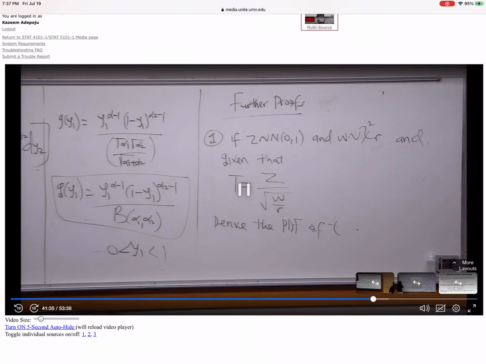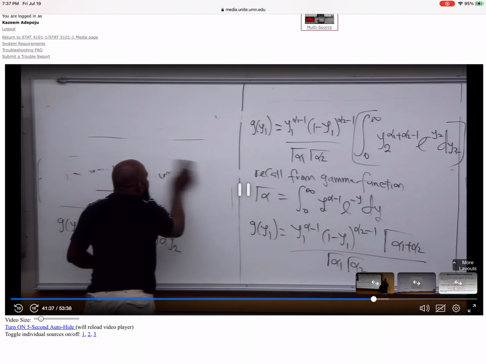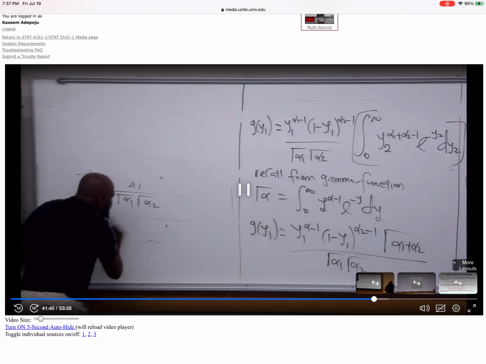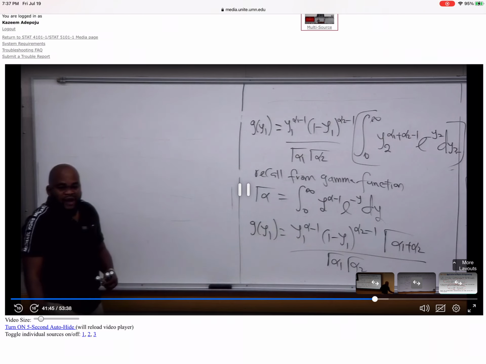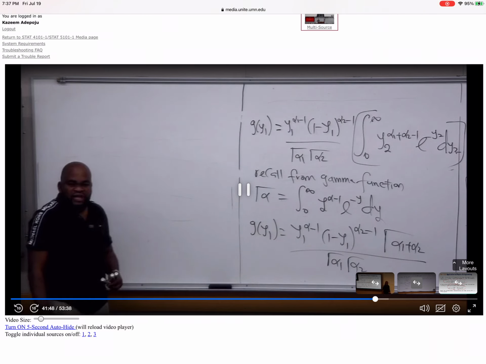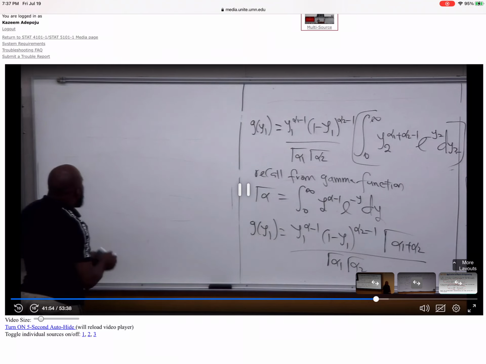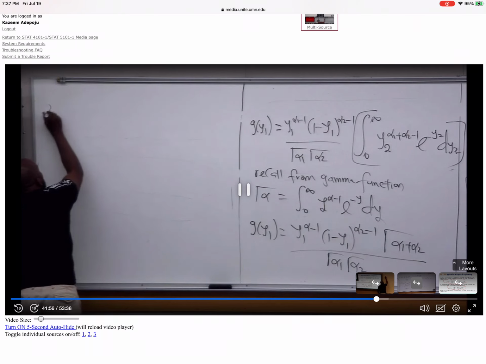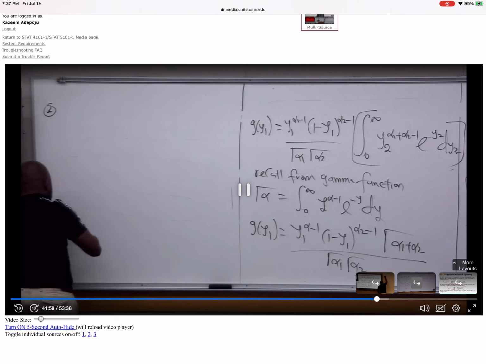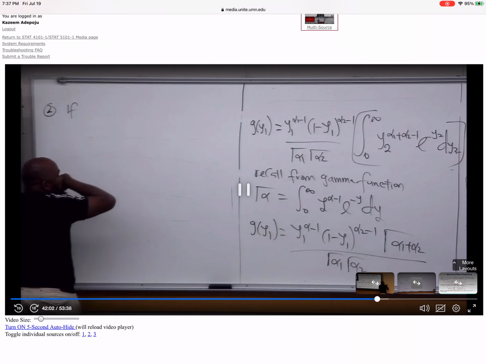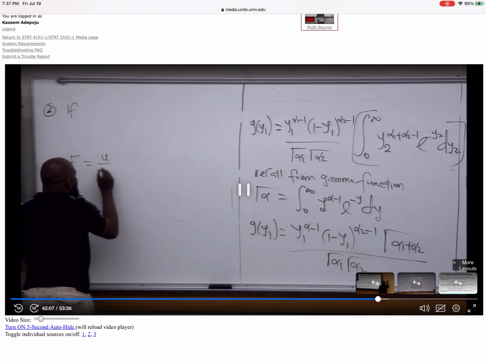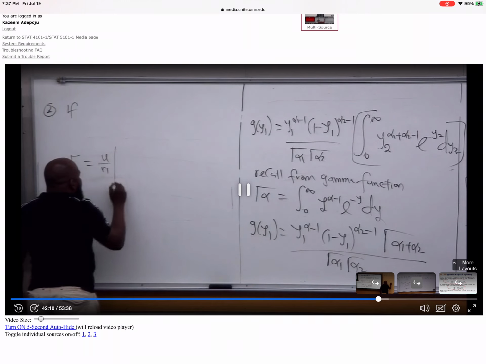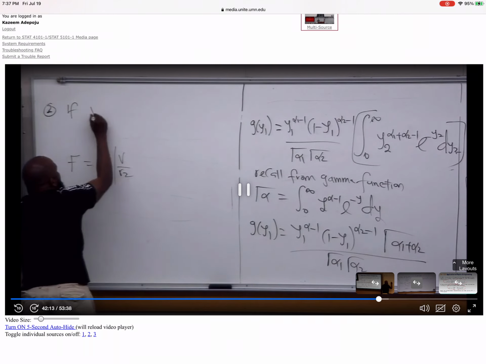Now, another important distribution in statistics that was derived: has anybody heard about the F distribution? We use that in the F test. Without the F distribution, there's no F test. Now number two: let me take F equal to U over r1 divided by V over r2.